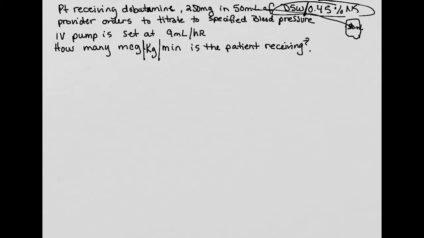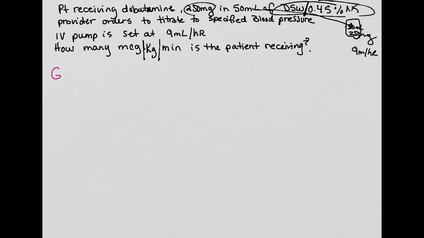And what also is in there is 250 milligrams of this dobutamine. And the pump is going right now at 9 mLs an hour. But we need to know how many micrograms per kilogram per minute the patient's receiving, because this is some very potent medication. All right, so let's just set it up like we would set up on any other drug calculation.